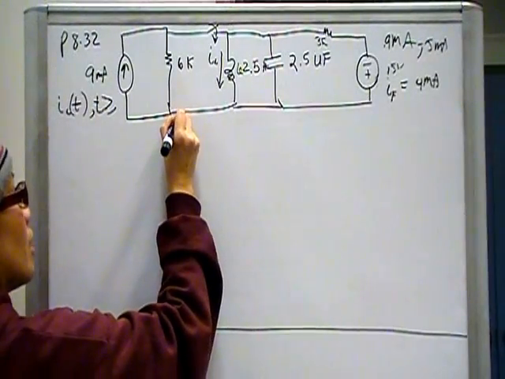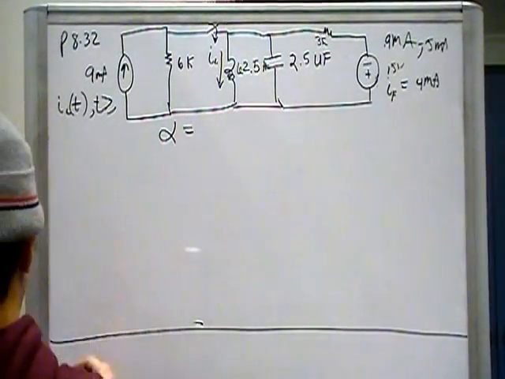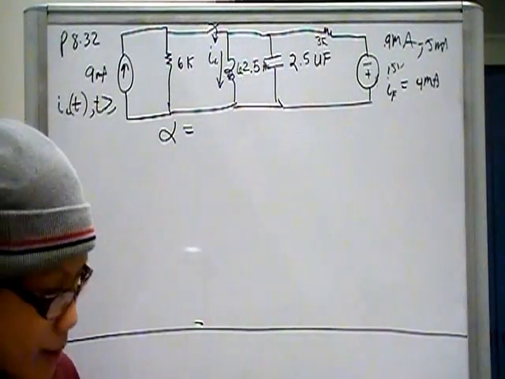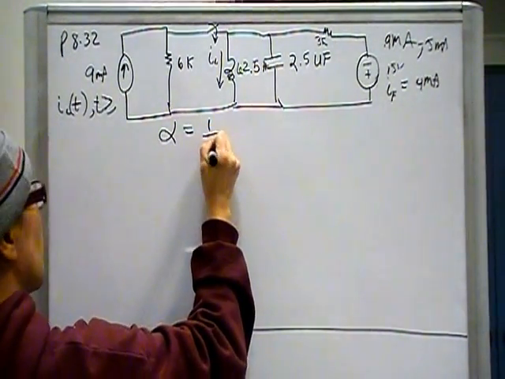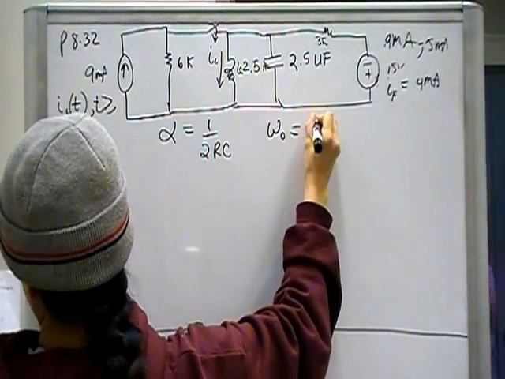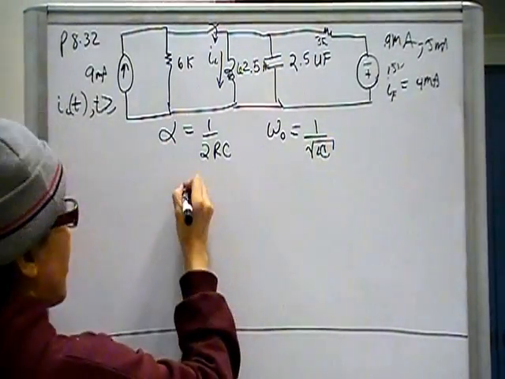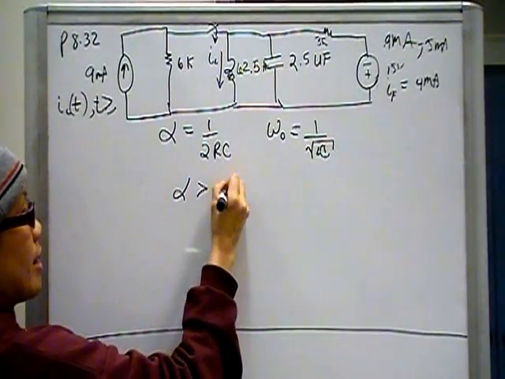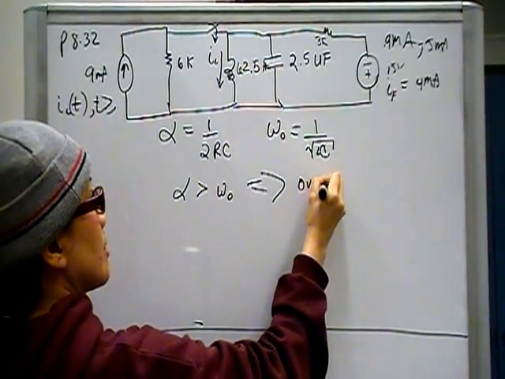So the conditions for damping are alpha is equal to, and I can never really remember alpha and omega, 1 over 2RC, and omega naught is 1 over root LC. If alpha is greater than omega naught, then your circuit is overdamped.